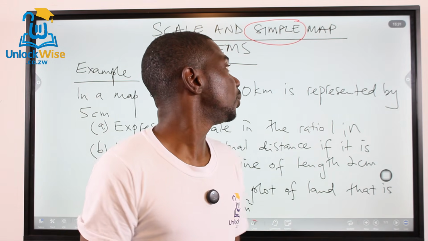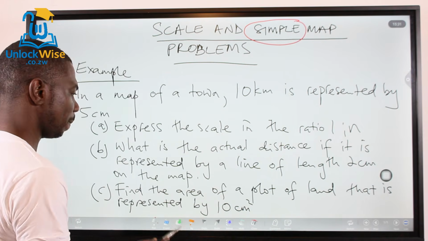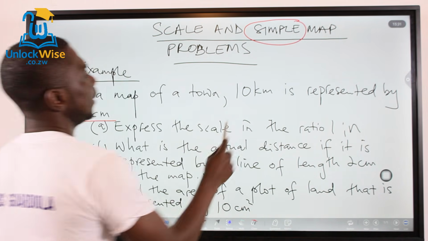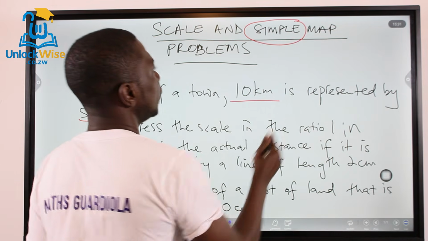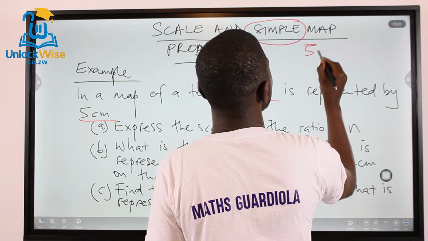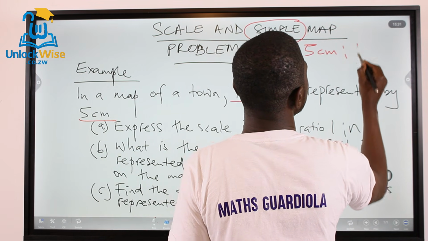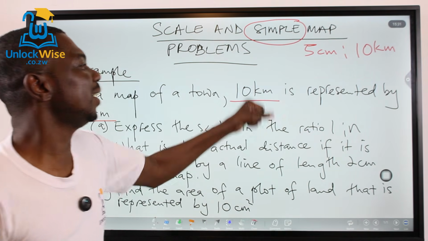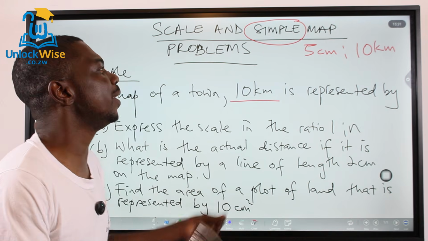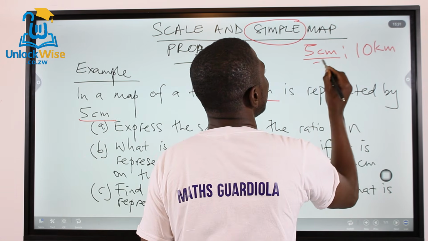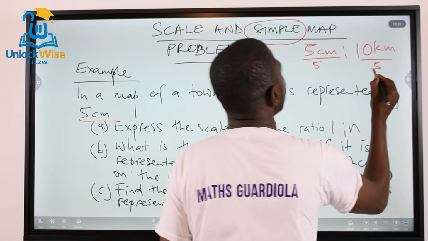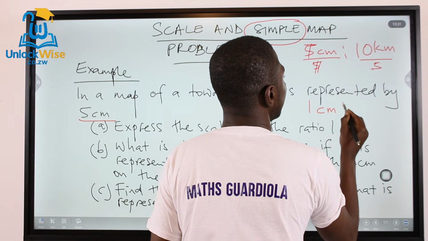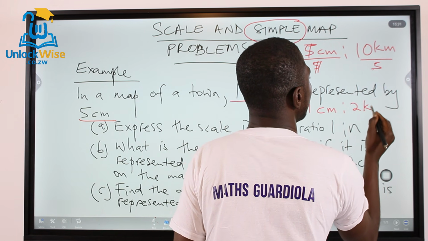All right. So from our question, 5 centimeters is representing 10 kilometers. So 1 centimeter is representing how many kilometers? We divide this side by 5 and divide this side by 5. So we end up having 1 centimeter representing 2 kilometers.